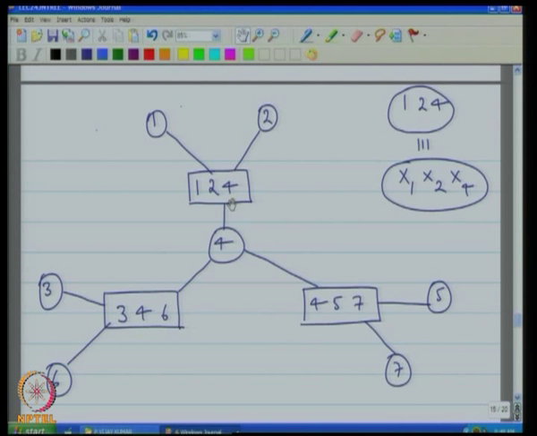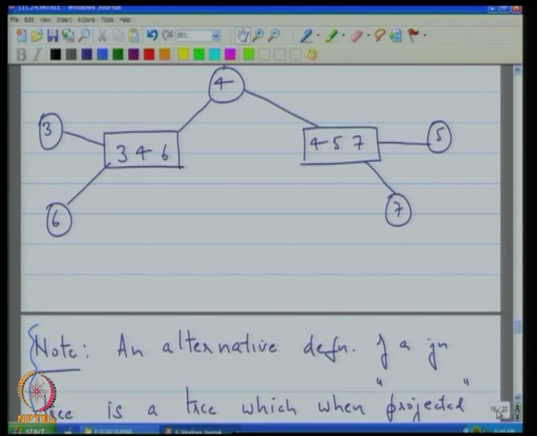But that is equivalent to saying that when you project this entire graph onto 4, since 4 is present in this node, the projection will have a node corresponding to this node, and a node corresponding to that node, and these nodes must be connected. This is why the definition that the projection be connected is equivalent to the definition that 4 be present in the variable set of every node that lies on this path. So, the two definitions are in fact equivalent.